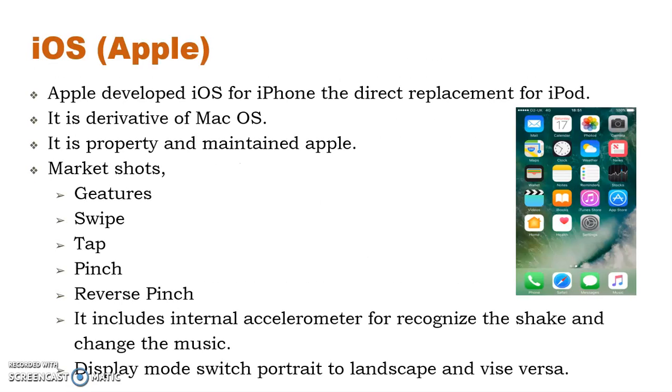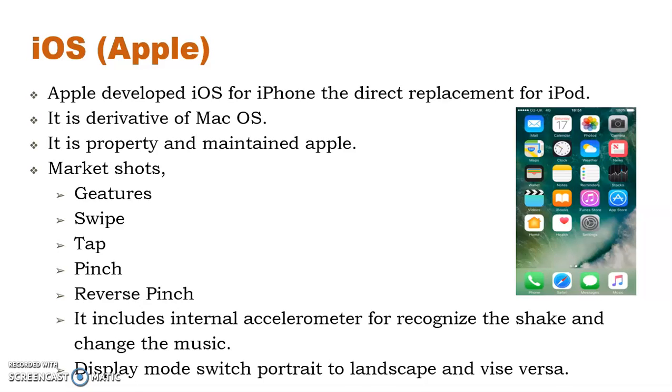Next, let me see iOS. This iOS operating system is especially designed for iPhones. Apple developed iOS for iPhone, a direct replacement of iPad. And also it is a derivative of the Mac operating system. It is proprietary and maintained by Apple.